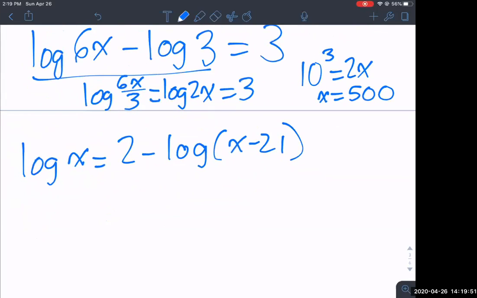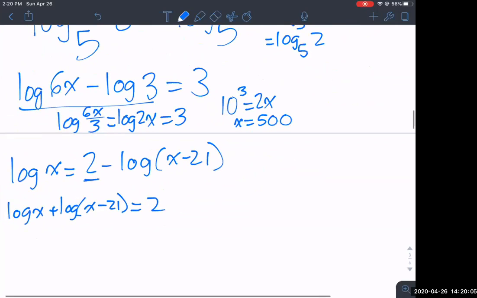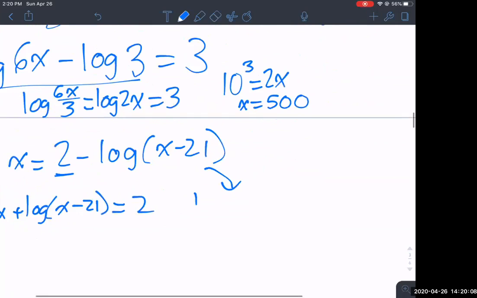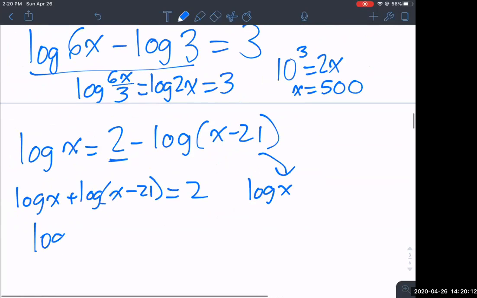We've got a couple ways we can approach this. Either we can move all the logs to one side, like this. Or we can just turn the 2 into log 100. And then for this one, you end up with this.